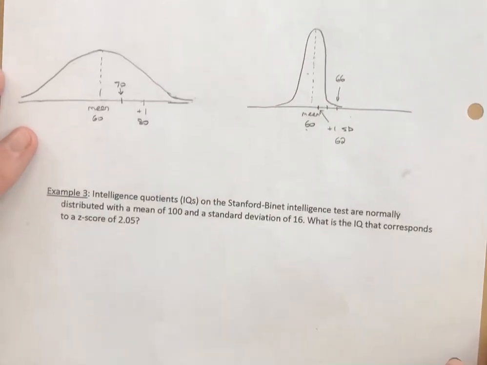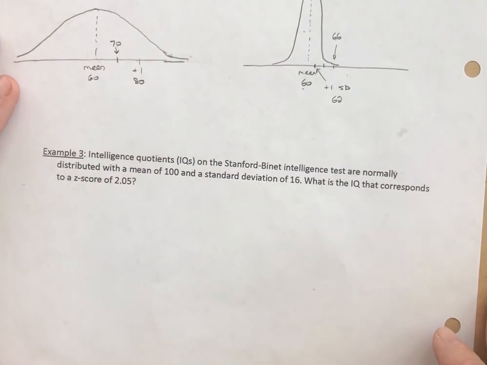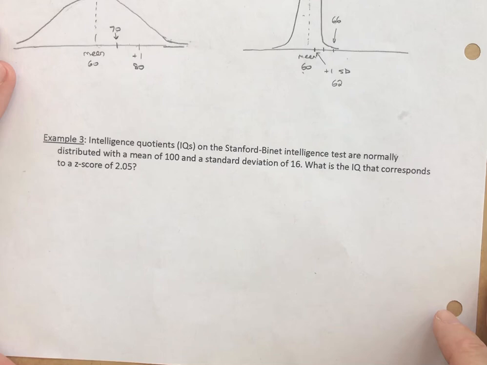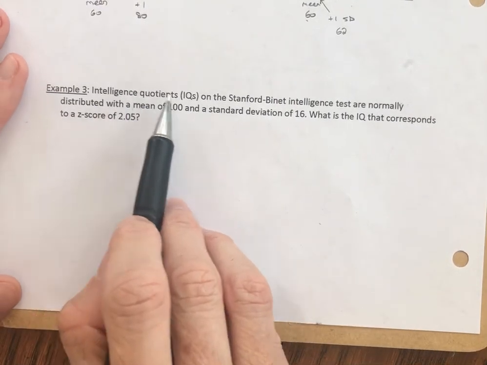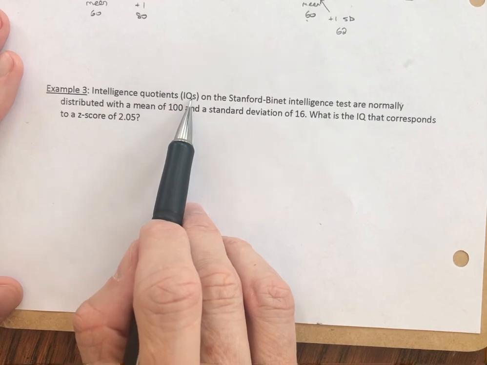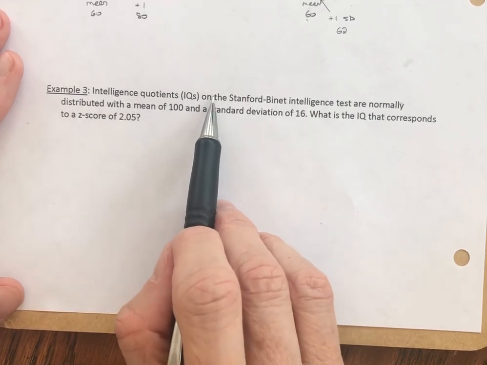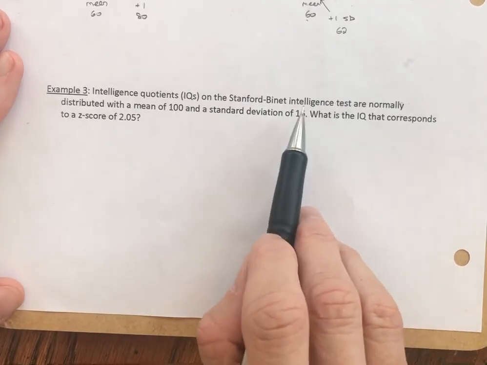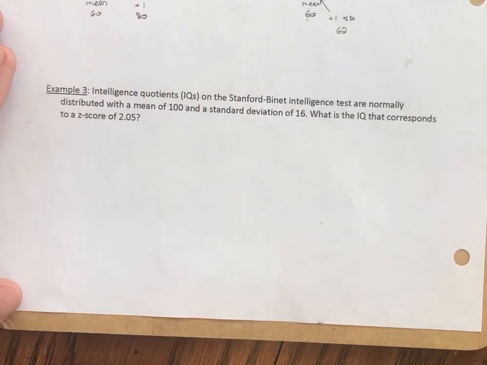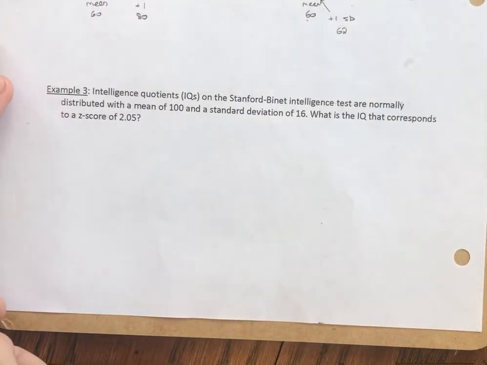Okay, let's do an example. We'll do a touch of algebra to find a score that corresponds to a z-score. Intelligence quotients, your IQ, is calculated from the standard Stanford-Binet intelligence test, and these are normally distributed. So our intelligence scores are normal, the mean is 100.